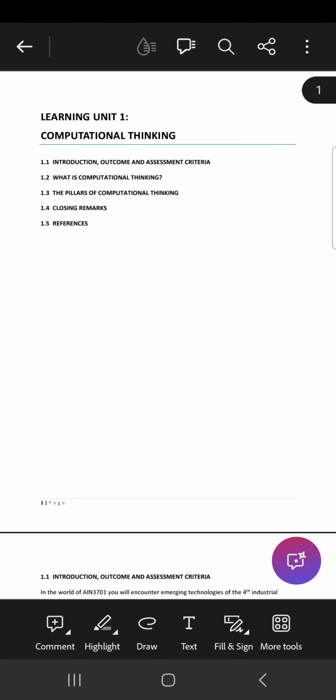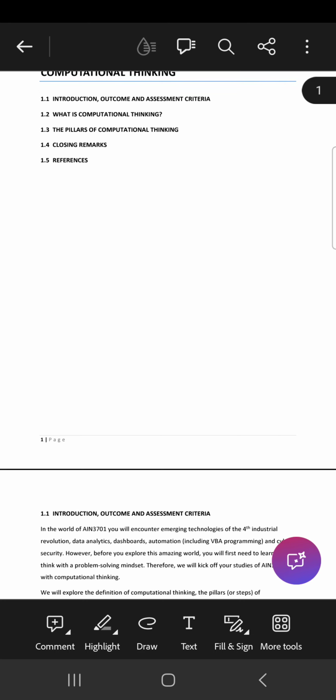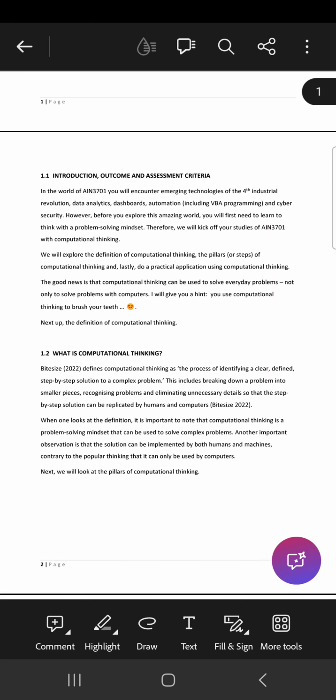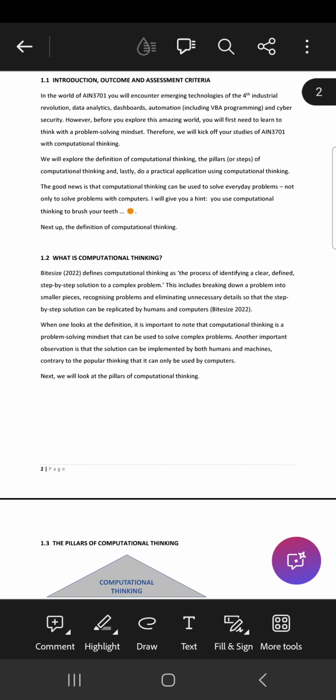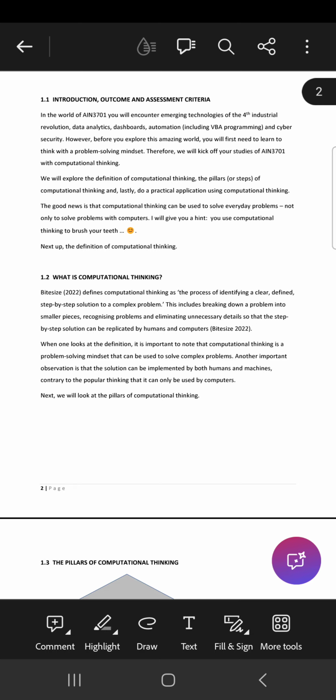Right, so moving on from that, let's get into the video, because the purpose of this video is computational thinking. So before we can actually get into the nitty-gritty of computational thinking, we need to firstly understand what computational thinking is in the first place.